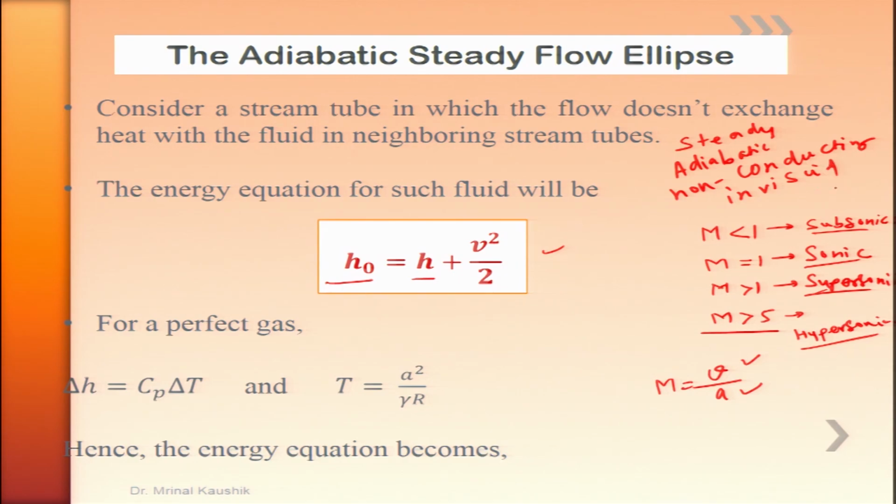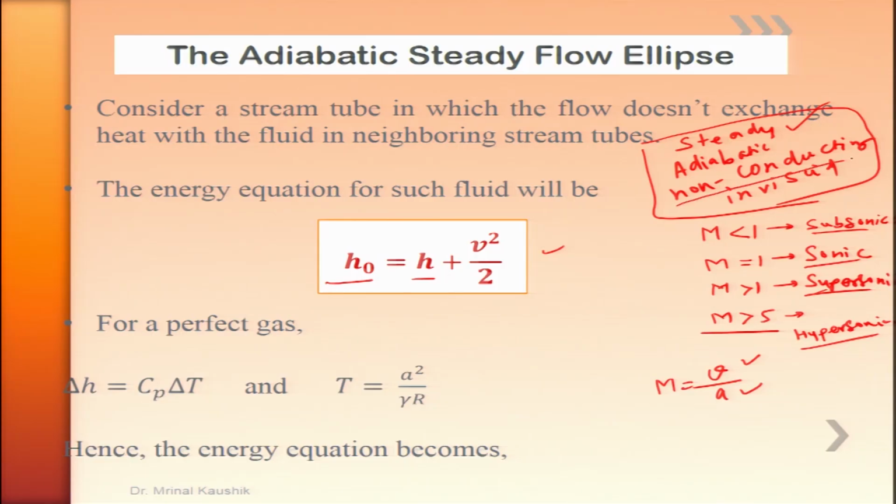Please look at these. In the steady case, the local derivative of the property variation with respect to time is 0. Whereas adiabatic means the flow domain is insulated and is not having any heat exchange with its surrounding.